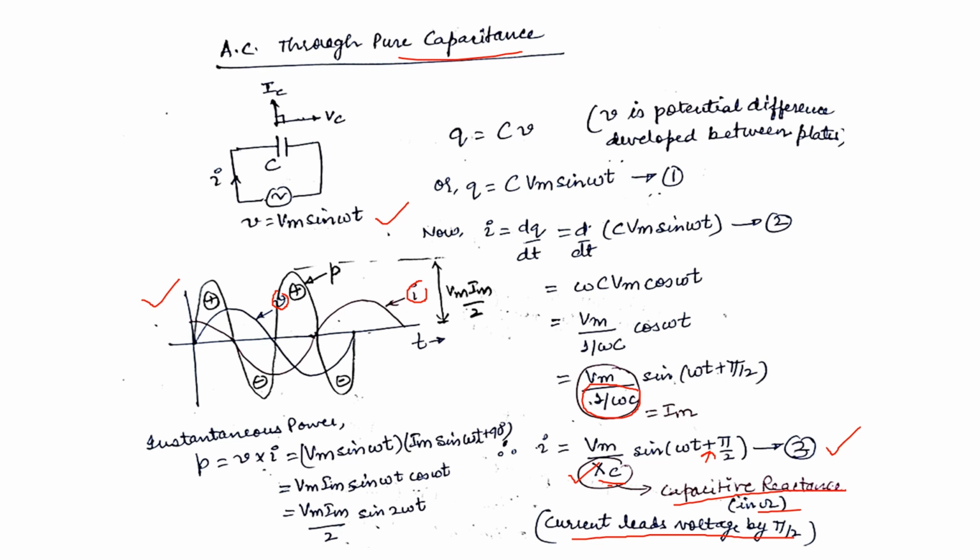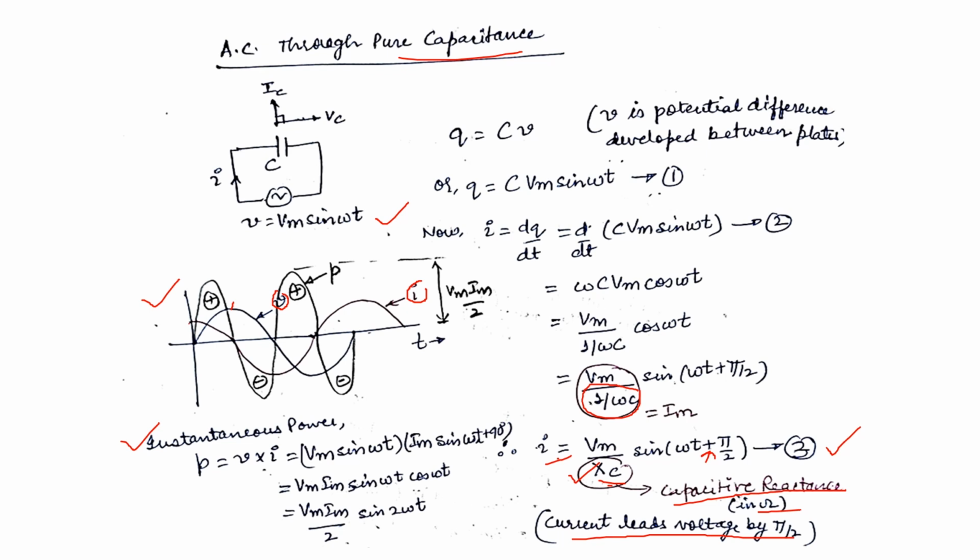We can see that the maximum value of the current is obtained first and then the maximum value of the voltage. So there is a difference of pi by 2 between the two quantities, with current leading voltage by 90 degrees.